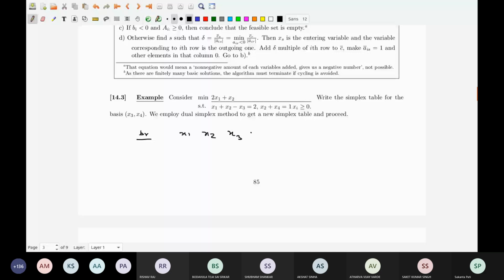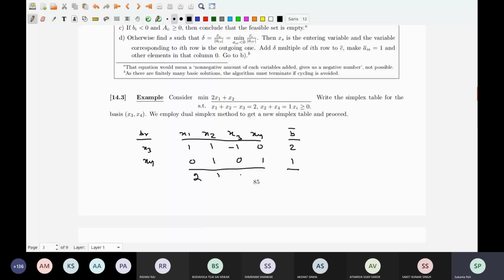And I have x3 x4, and here it is 1 1 -1 0 2, 0 1 0 1 1, and this was supposed to be 2 1 0 0 0.